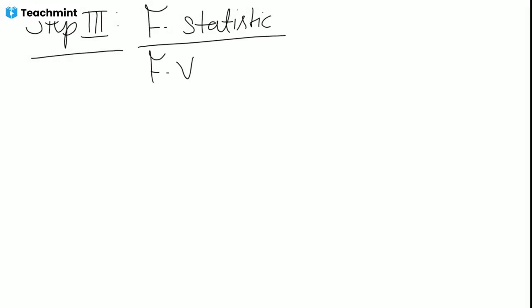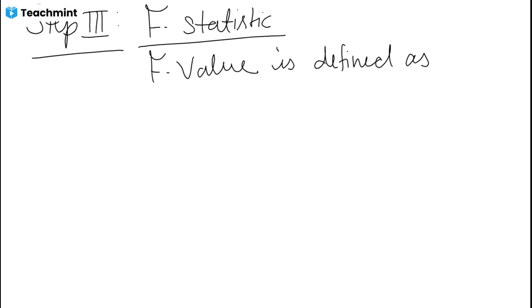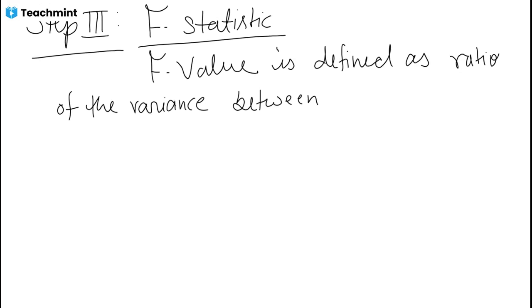F value is defined as the ratio of the variance between samples to the variance within samples.